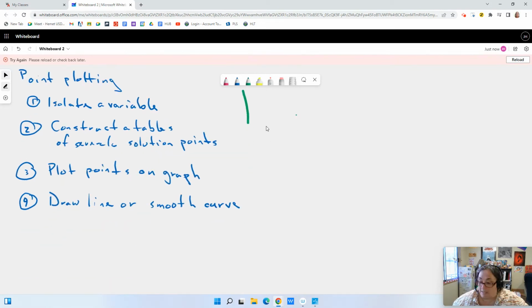It looks like, if I say sketch 3x plus y equals 7.